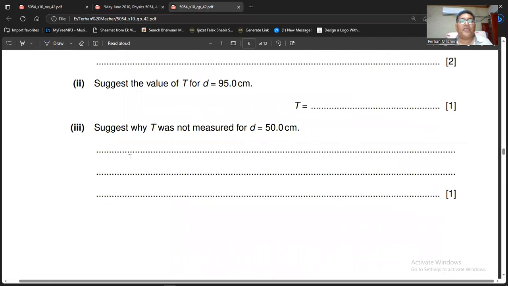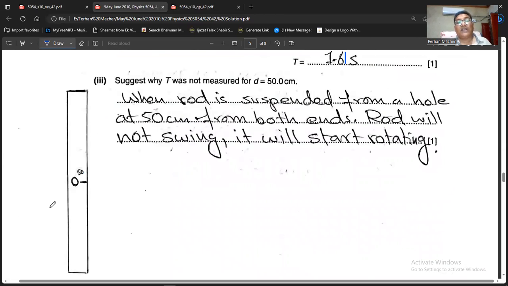Then they say, explain why T was not measured for D equals 50 centimeter. Look at this diagram. This is that ruler, and this is 50 centimeter. That is the center of gravity. And here we have the hole. If you hung it with the nail through this hole, when you give it a little force, this ruler will not swing.